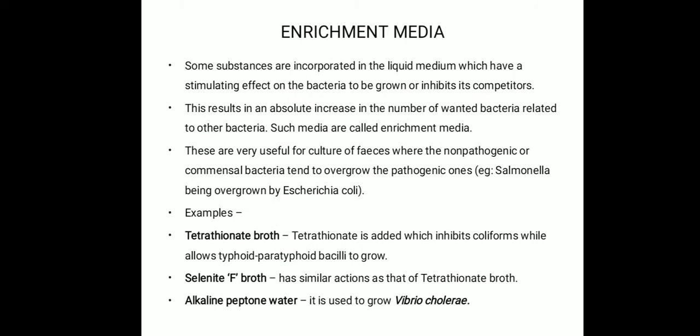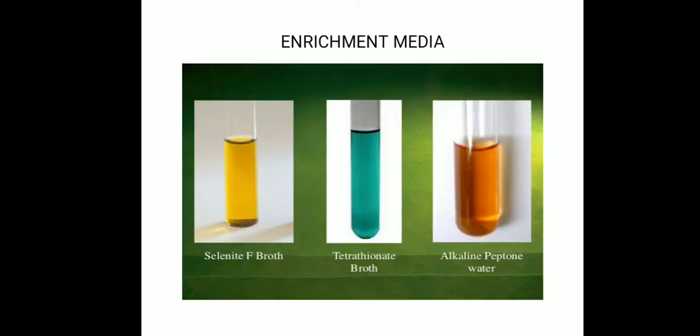Next we have the enrichment media. A few examples under this are tetrathionate broth, selenite F broth, and alkaline peptone water. In these media, some substances are incorporated in the liquid medium which have a stimulating effect on the bacteria to be grown or inhibit its competitors.